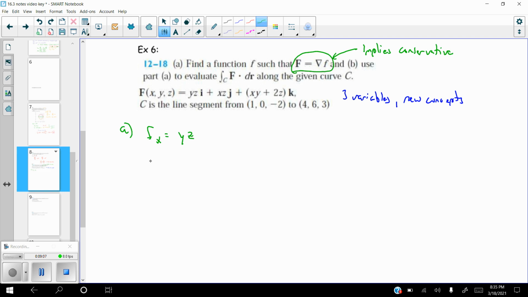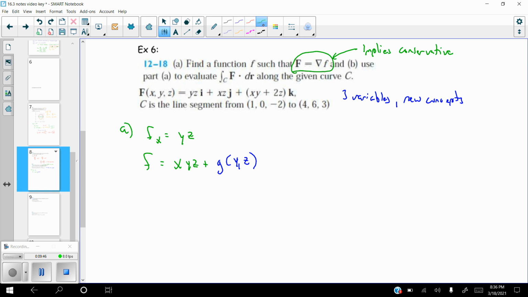So then if I take the antiderivative with respect to x, I'm going to get xyz plus, now here is one of the new things. Whatever this constant is out to the right here does not just have to be some function of y, it could also be a function of z. So it is, or could be, a function of y and z, because either one of those two things, when you take the derivative, is going to go to 0. So that's a new concept.